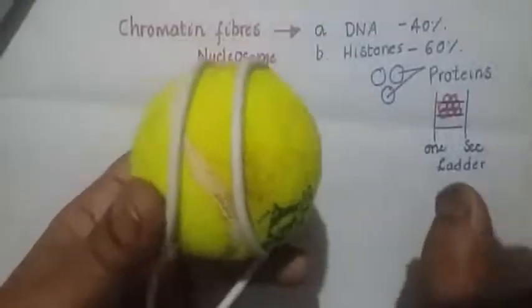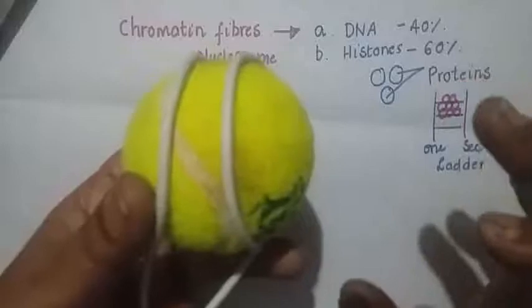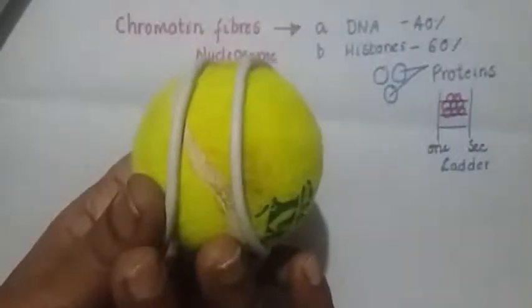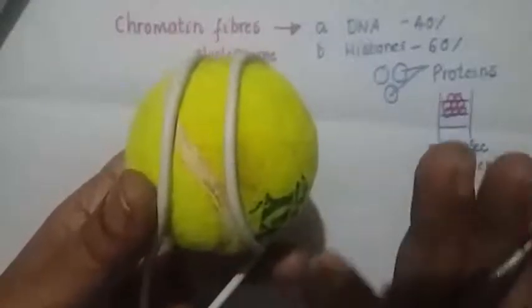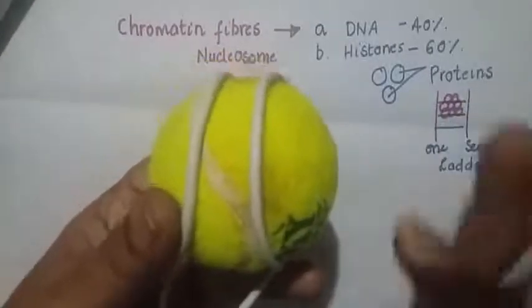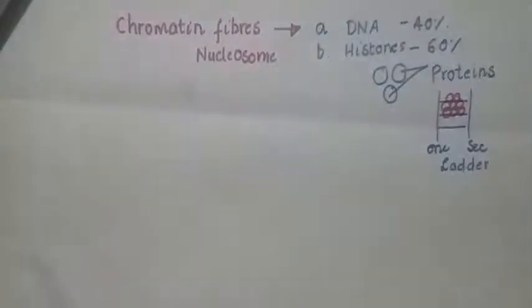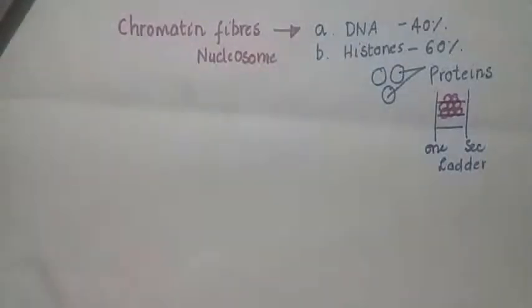Fine. So a single chromosome may have millions of nucleosomes. I'm repeating, each chromosome may have around millions of nucleosomes. So how do we define the word nucleosome?